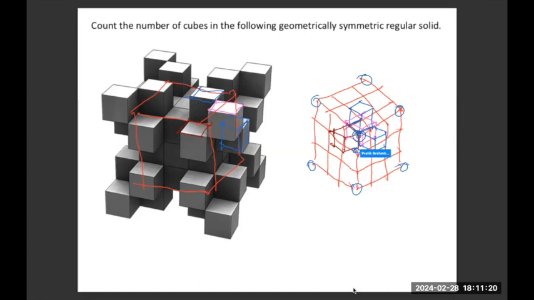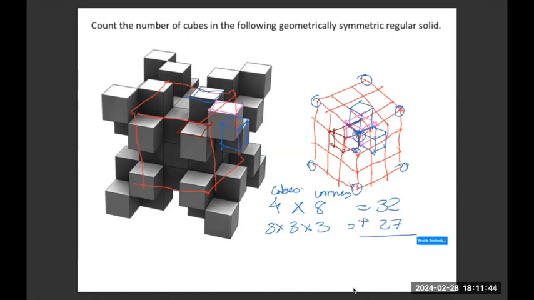So there are 4 cubes on one corner, multiplied by 8 such corners, which is equal to 32, plus the inside cube, which is a 3 by 3 by 3 cube, which will be equal to 27. So the total number of cubes in the resultant solid will be 59 cubes.